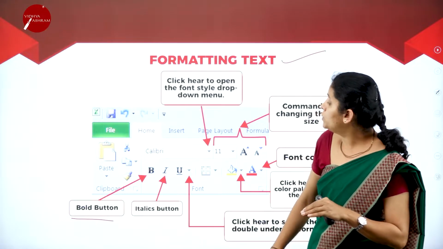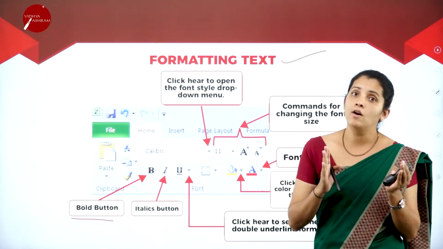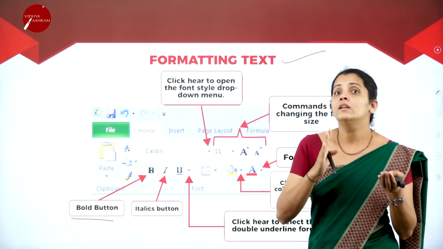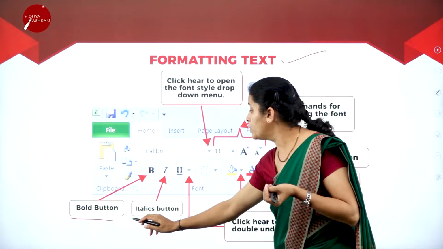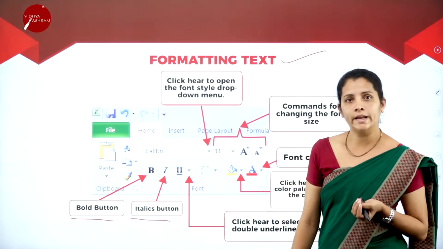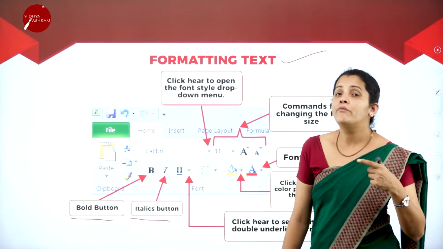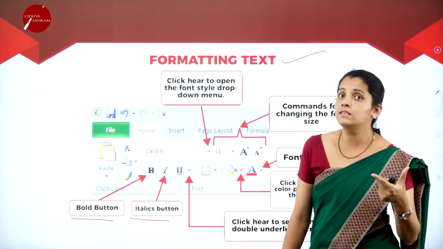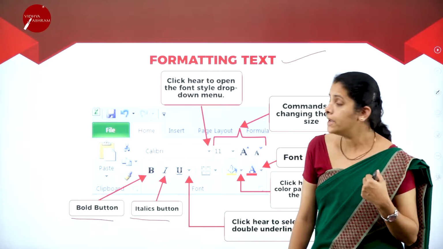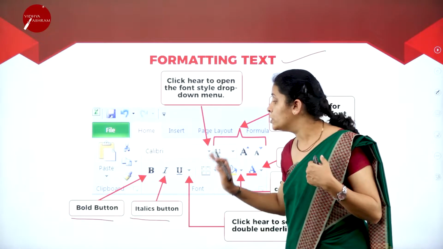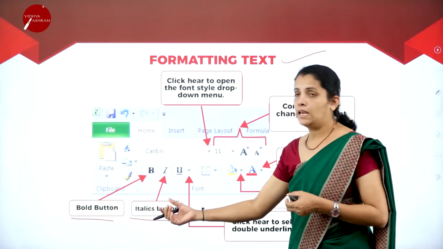Then if I want to change the style of the data or number, I have the option called italic. That means if I want to change the font style, that is the appearance of text as well as numbers, I can use the button italic.